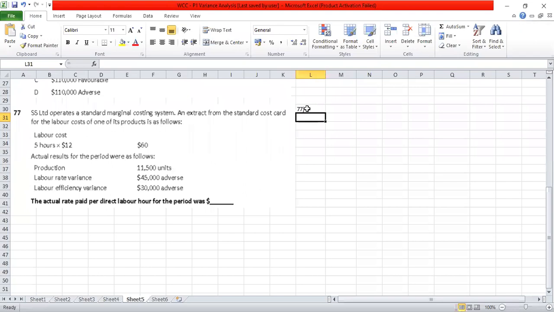The labor rate variance formula is the difference between the rates, that is the standard rate minus actual rate, applied for the total actual labor hours. So let's start writing.